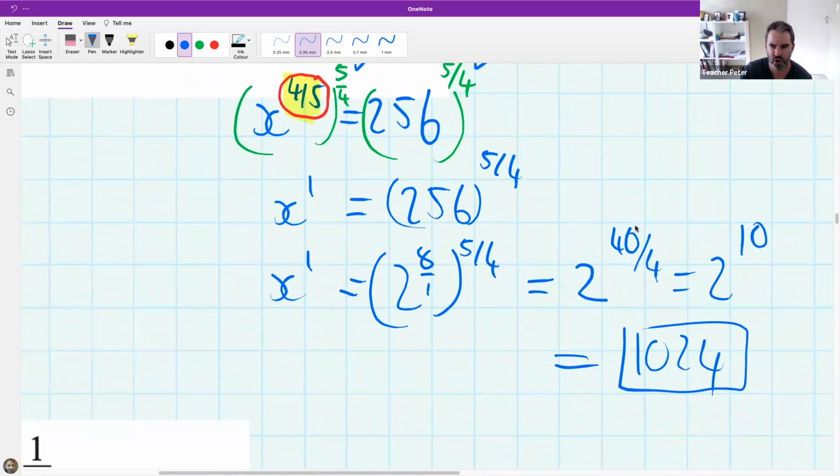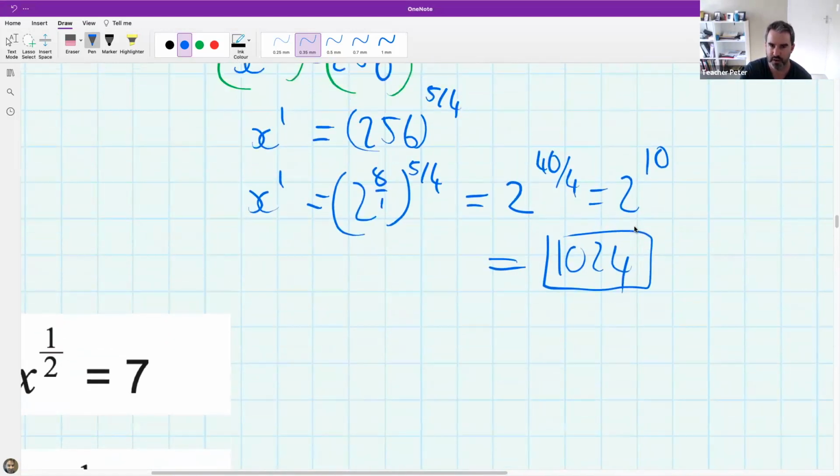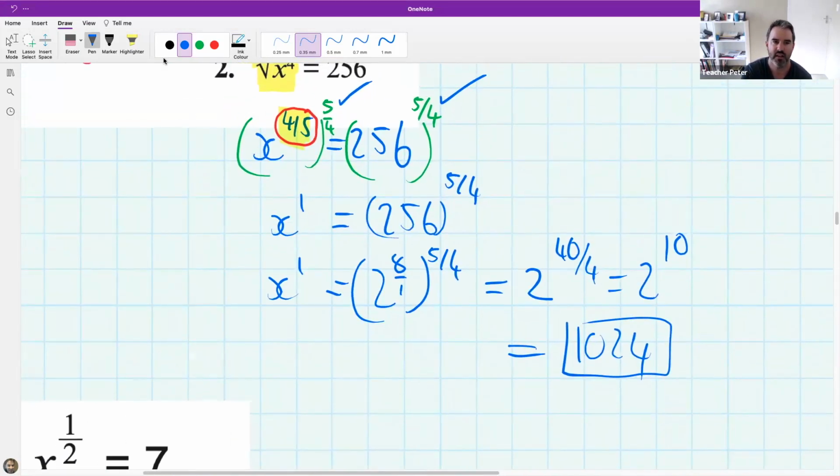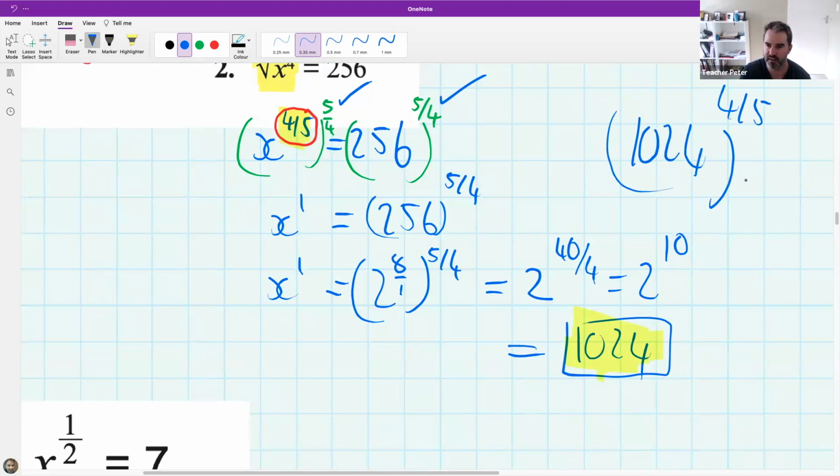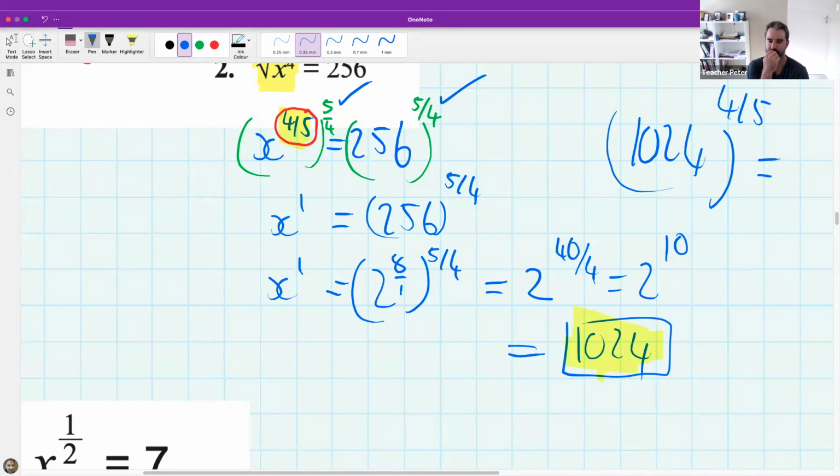And just to make sure we've done this right, we're going to check. So I want you to take the answer, 1024, and you're going to put it where the x is. And then you're going to say 1024 to the power of 4 over 5. And tell me what you get. What do you get when you go 1024 to the power of 4 over 5?